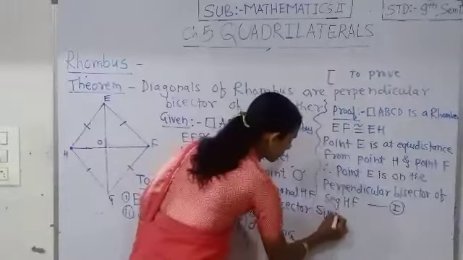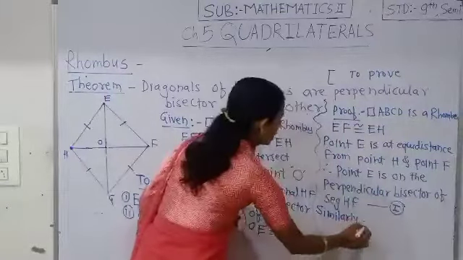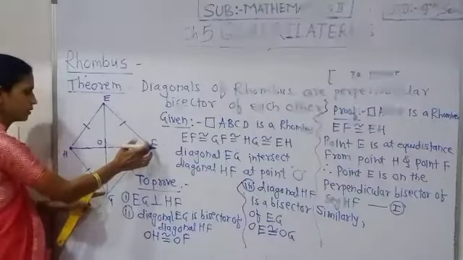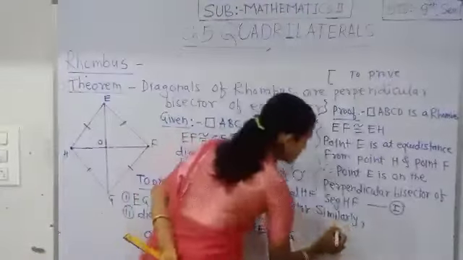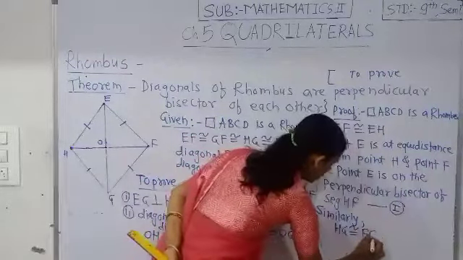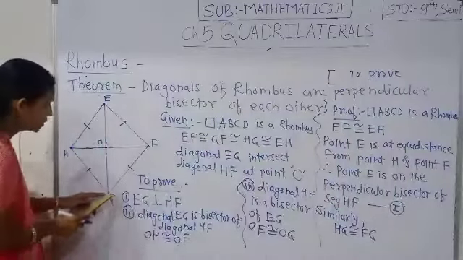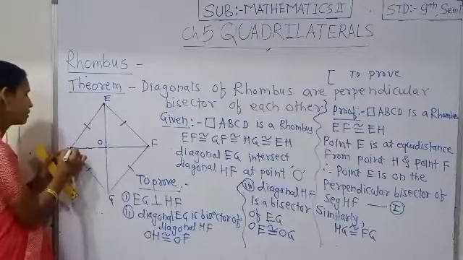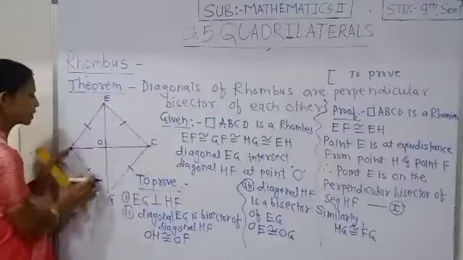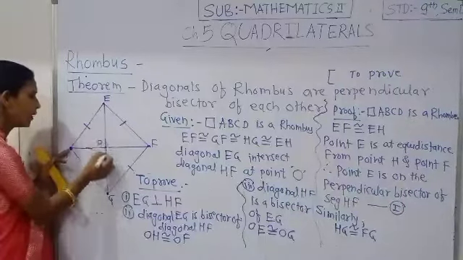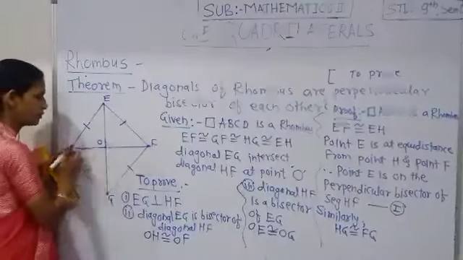Similarly, here HG congruent FG. Therefore G is a point which is at equidistance from the endpoints of the same segment, that is from H and from F. That means point G is also present on the perpendicular bisector of HF.